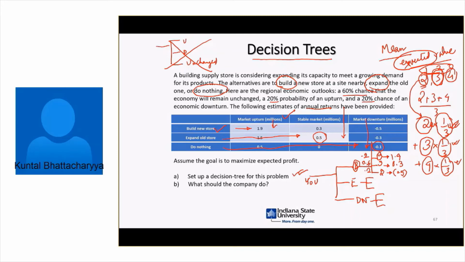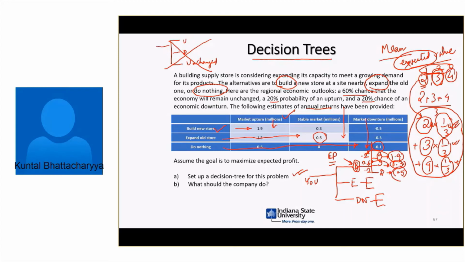So now, what is the overall expected value of your profit if you want to build a store? What is your expected profit from this outcome? That's where this concept comes back to use. If you go this route, this is your outcome with a probability of 0.2. This is your outcome with a probability of 0.6.